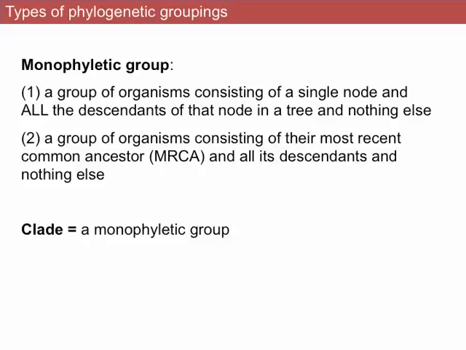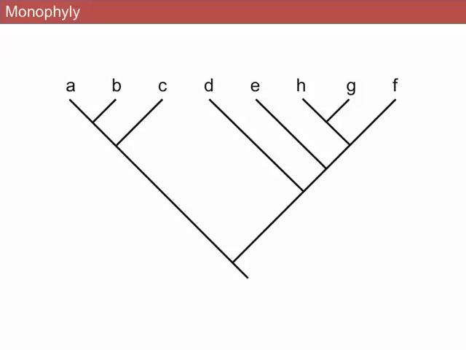And text definitions may be painful, so I'm going to show you what it looks like on a tree. So again, taking this model tree, I've just rotated some of the branches, but it's the same tree. Consider node K in this tree.